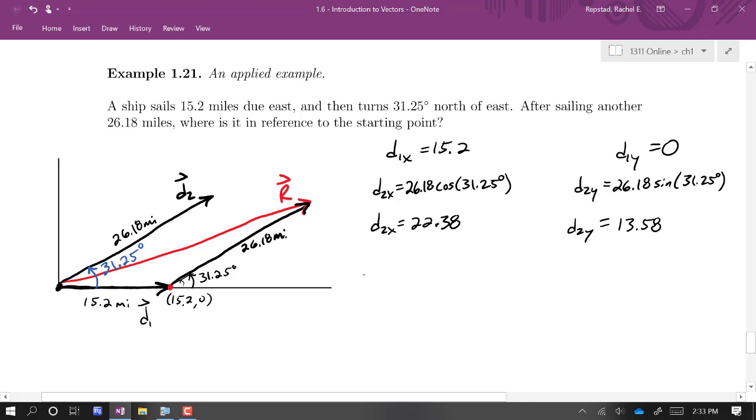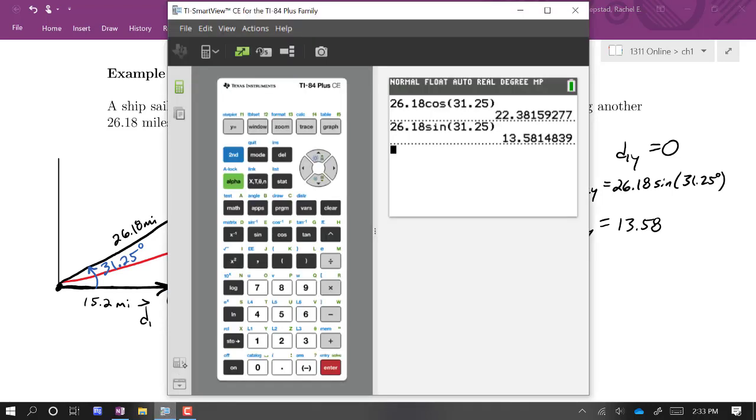Okay, so now we have all of our components. Rx is D1x plus D2x. So I'm going to add these two together. 15.2 plus 22.38 is 37.58.